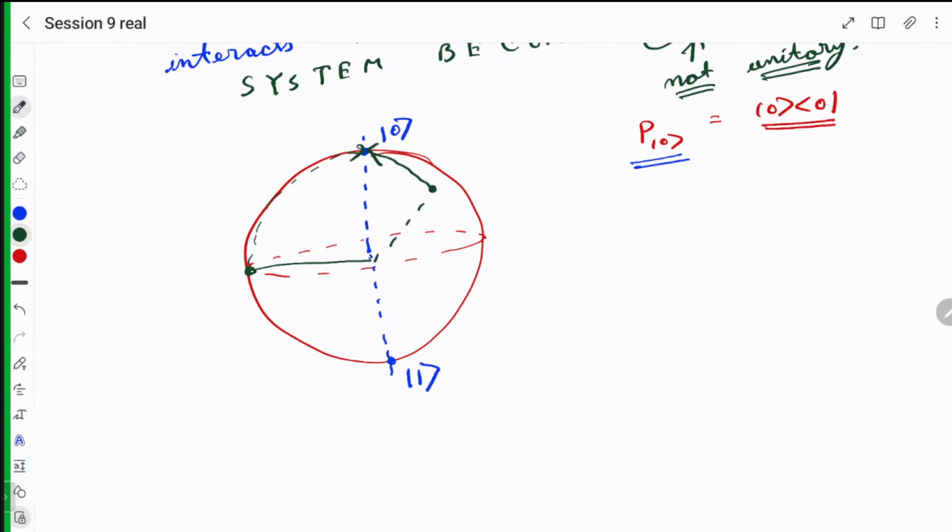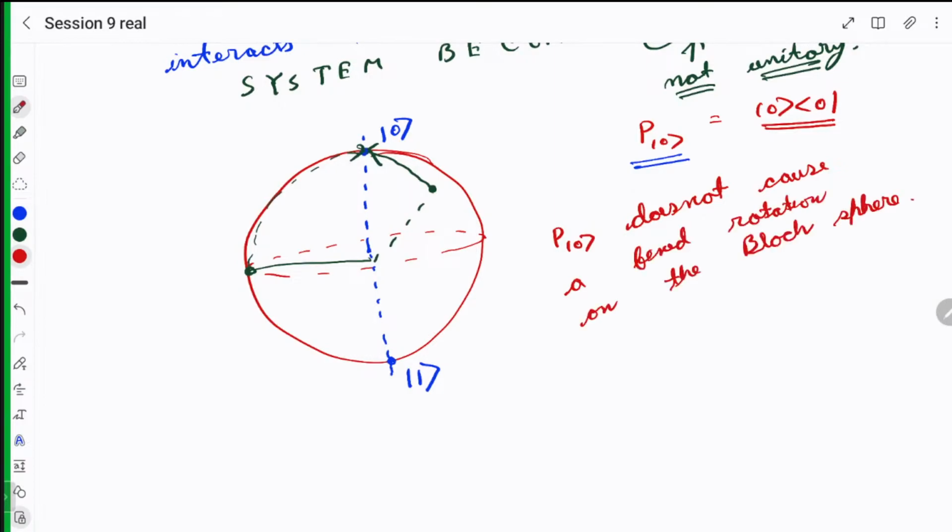So this operator P0 does not cause a fixed rotation on the Bloch sphere, which means that it does not always rotate the Bloch vector about the same axis by the same angle.